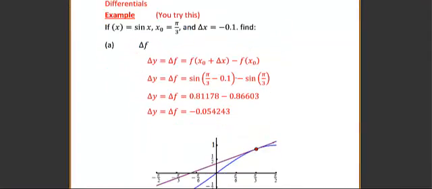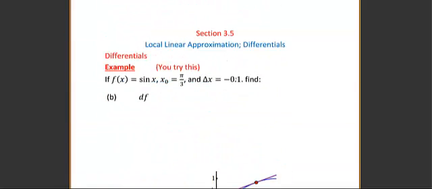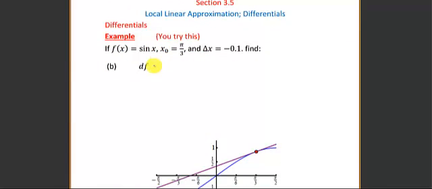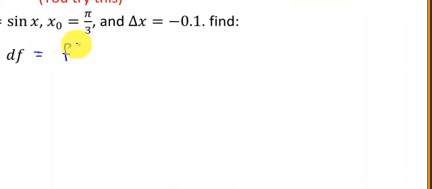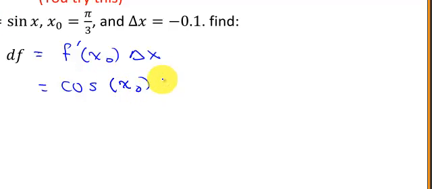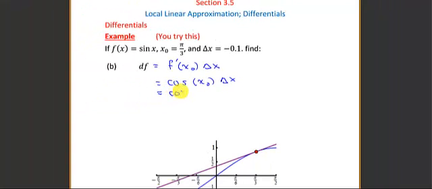Now let's calculate the differential. Remember, to calculate the differential, we take the derivative evaluated at x0 times delta x. In this case, the derivative of sine is cosine, so cosine of x0 times delta x. That would be the cosine of pi over 3 times negative 0.1.